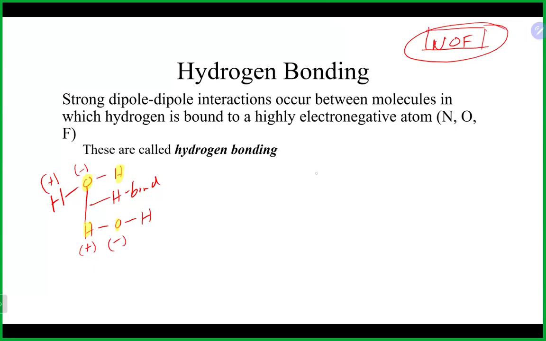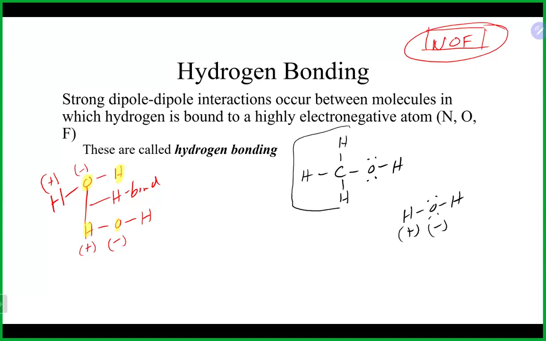So, for example, if you took something like methanol, which looks something like this, and you take something like water, water again being more negative, hydrogen being more positive. Now, when we look at this part of methanol, these are all nonpolar bonds.